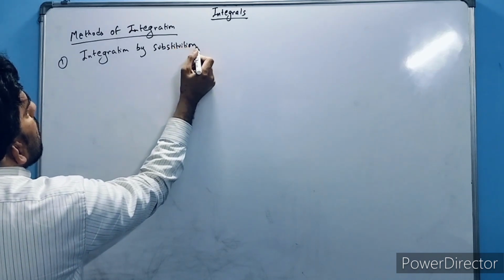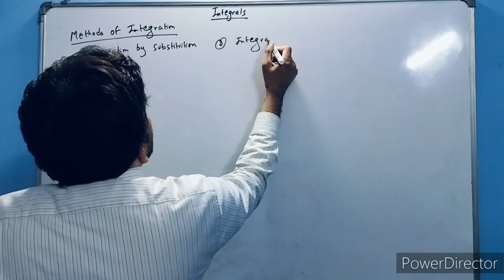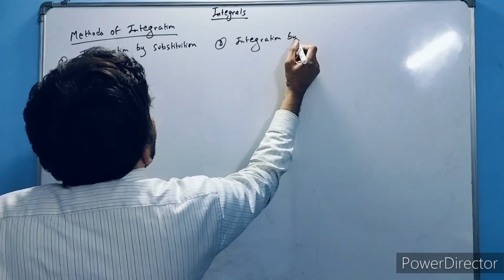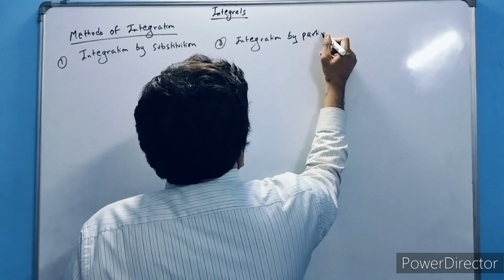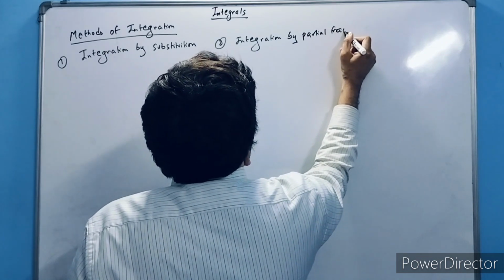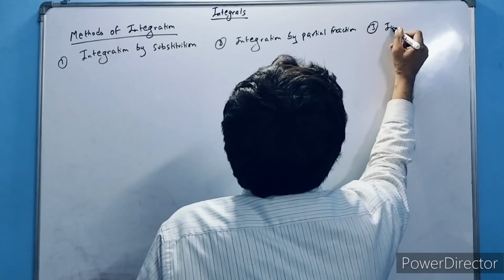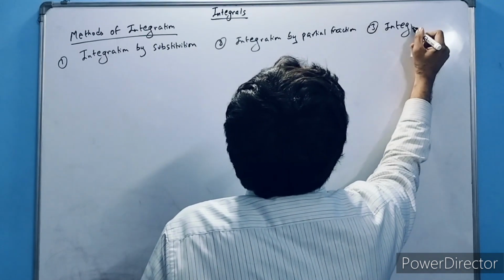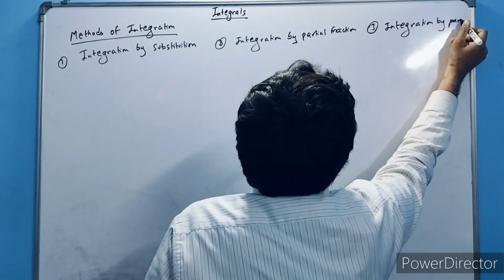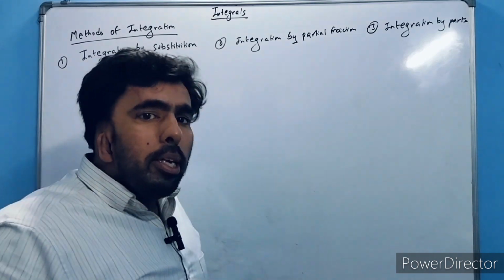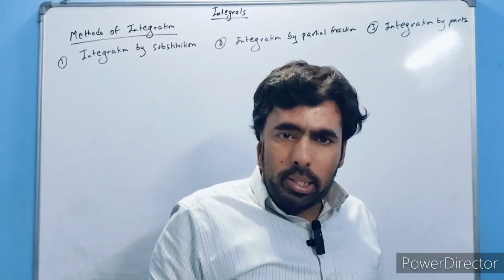Second, integration by partial fraction, and third, integration by parts. So we have three methods of integration. Let us discuss them with examples one by one.